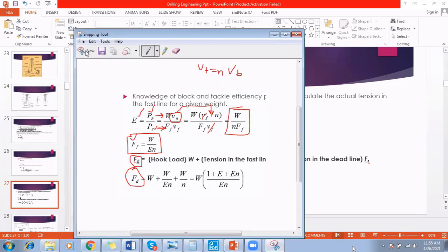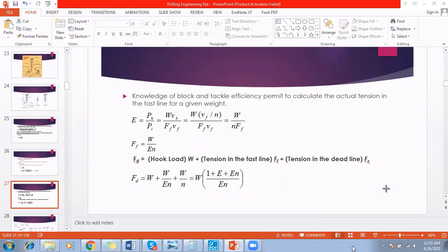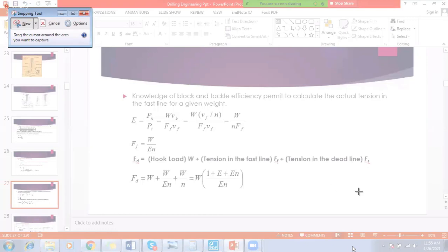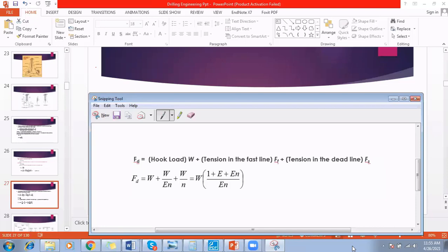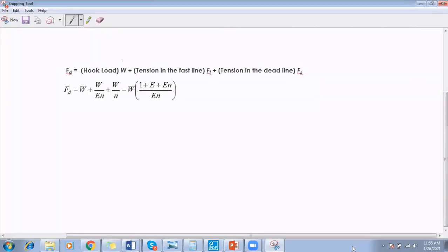We are just going to conclude this, but we need to complete this because this is important. And here you can see that there are three types of loads that are actually imposed on the derrick. First is hook load, other is load on the fast line, and third is load on the dead line.